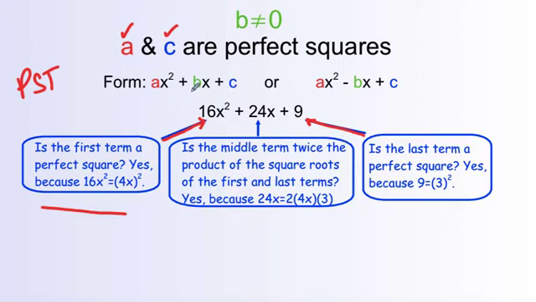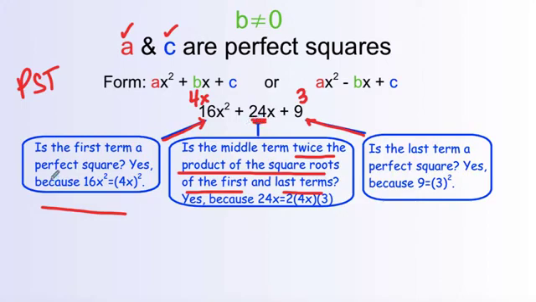Now, if 4x is the square root of the first term, and 3 is the square root of the last, the middle term has to be twice the product of the square roots of the first and last terms. So 4x times 3 is 12. The middle number would have to be double that product, which is 24.